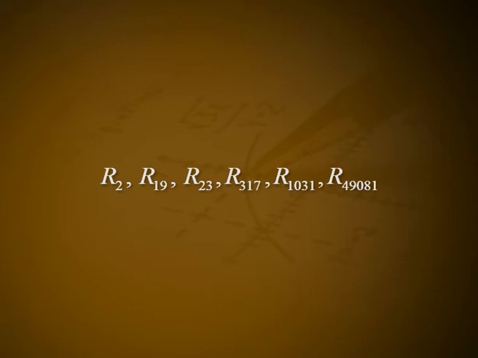So far only R2, R19, R23, R317, R1031, R49081 and R86453 have been identified as primes, and they are the only possible repunit primes Rn for n ≤ 45,000. Note that for a repunit Rn to be prime, the subscript n must be a prime.